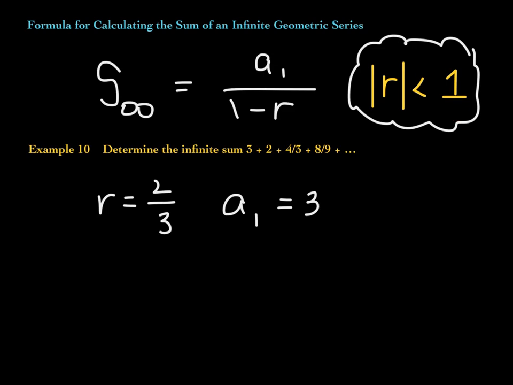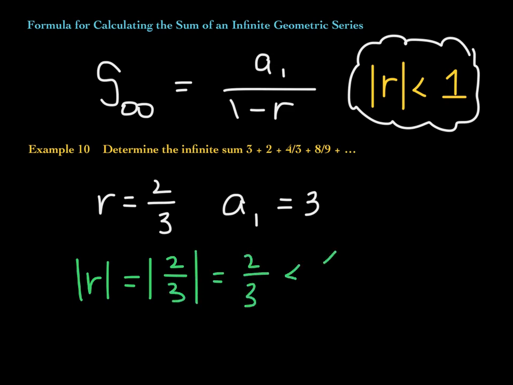In the previous example, the absolute value of our ratio was 2, which was larger than 1, so we said there is no finite sum. So let's make sure the absolute value of our common ratio, the absolute value of 2/3, which is 2/3, is indeed less than 1, so the sum exists.